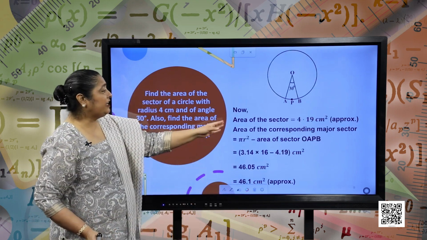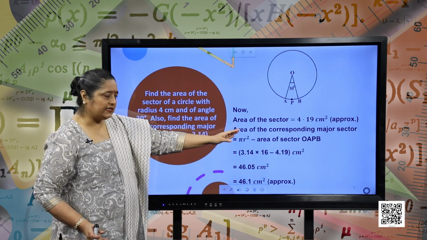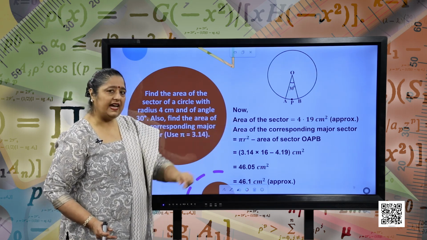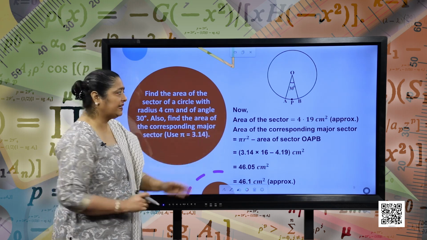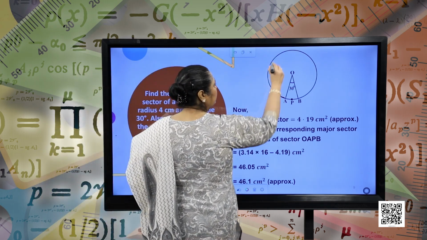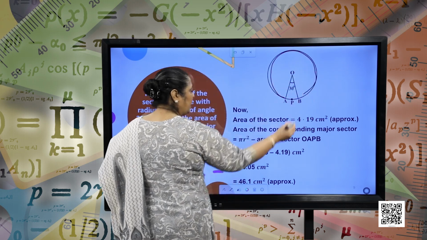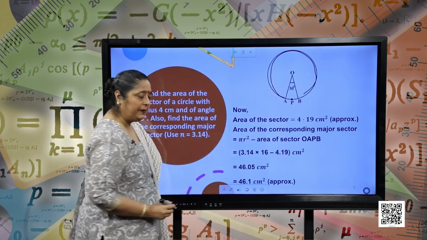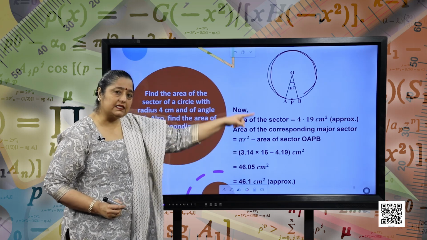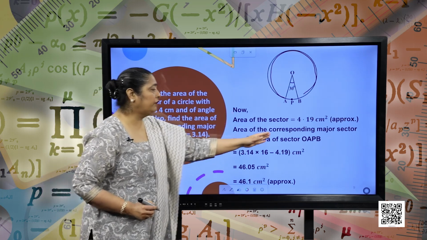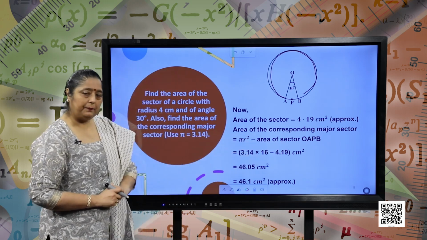Now, area of the sector as we have calculated is 4.19 centimeter square. Area of the corresponding major sector, this is the major sector, right? Then this area will be pi r square, that is the area of the complete circle, minus area of the sector OAPB.